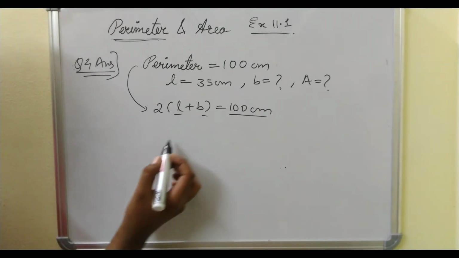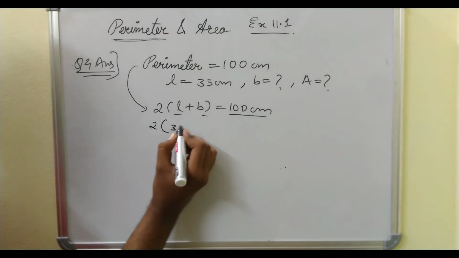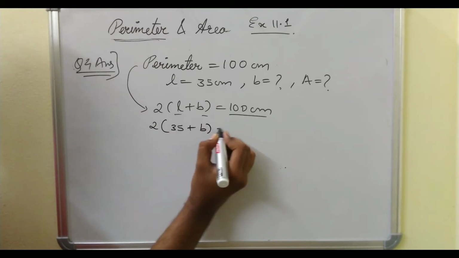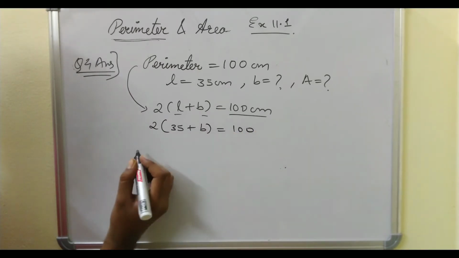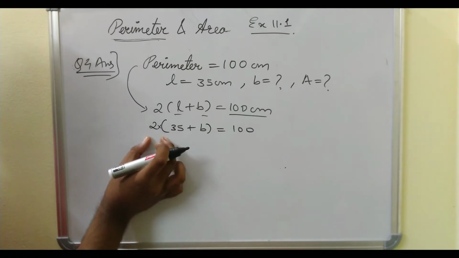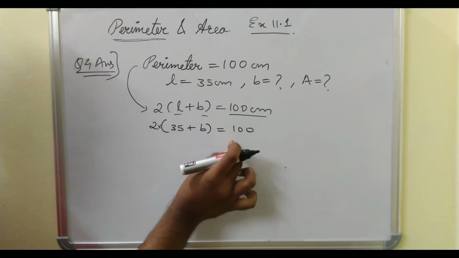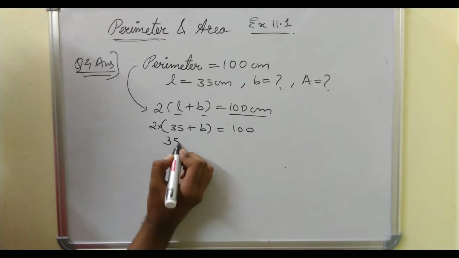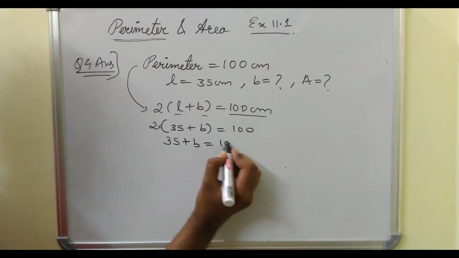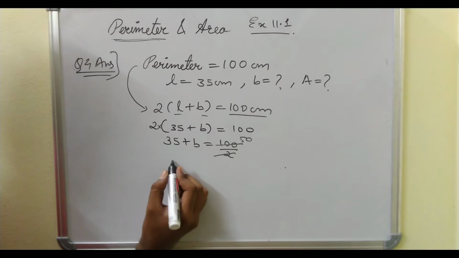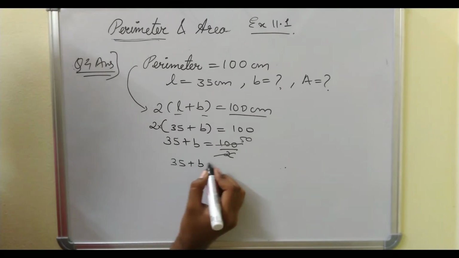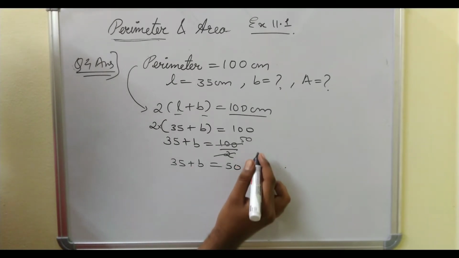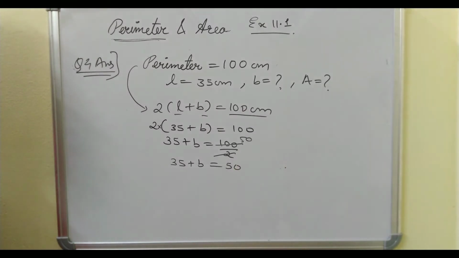L is given, so 2 into (35 plus B) is equal to 100. 2 is multiplied with this, so when it goes that side, it gets divided. So 35 plus B is equal to 100 by 2. So 35 plus B is equal to 50.